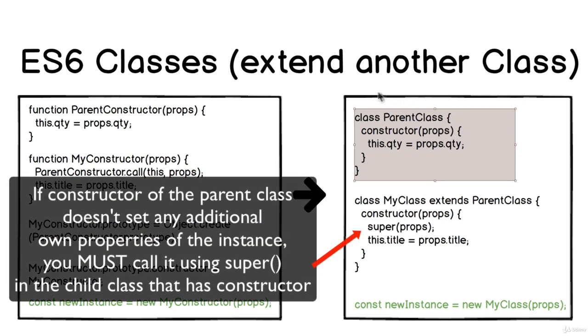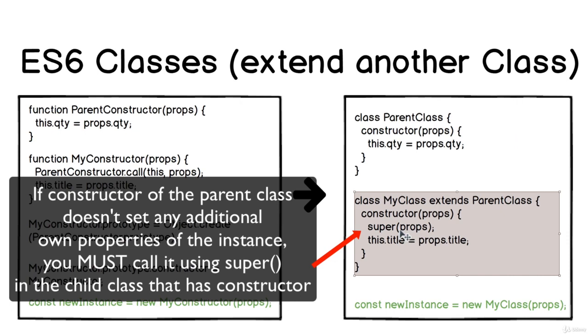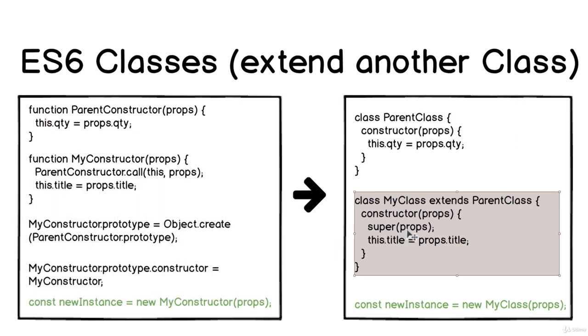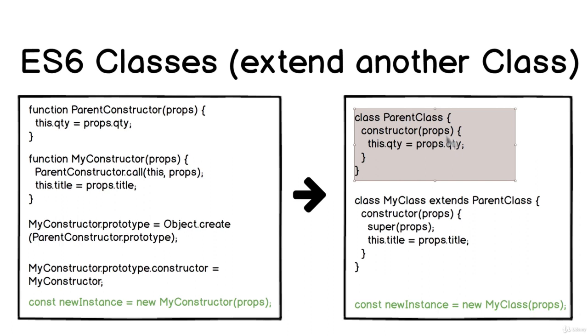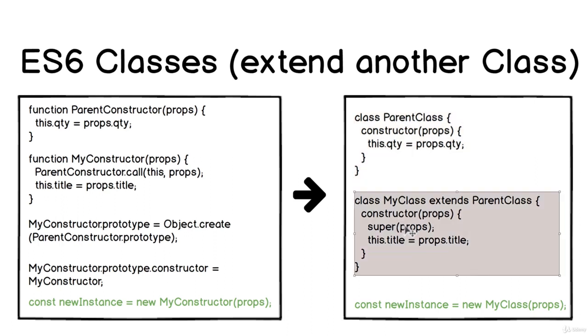Important notice: even if you don't set any additional properties inside of the parent class, you must add the super call here. In that case, you can call it simply without any arguments. But in this example, we set an additional property in the parent class, that's why super is called with the argument props.